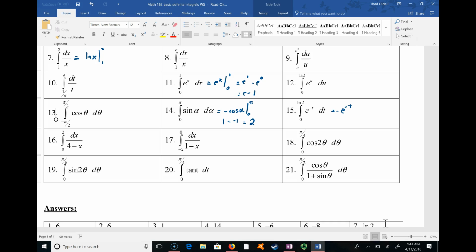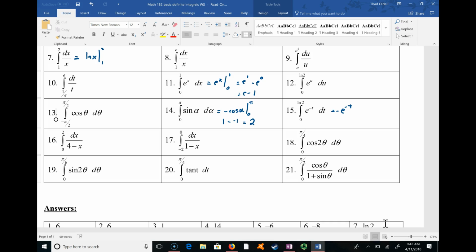No, the derivative of tangent is secant squared, and the derivative of secant is secant tangent. But tangent isn't the derivative of anything, is it? So that one's maybe a little bit out of our reach. It might have to do with substitution stuff.